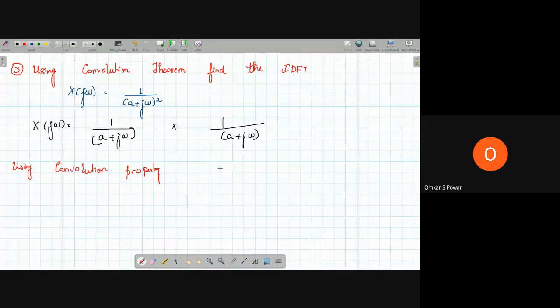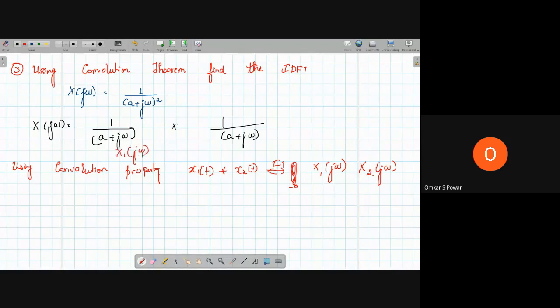The convolution property states that x1 of t convolved with x2 of t gives an integral. Convolution in time domain is nothing but multiplication in the frequency domain, so it is x of j omega equals x1 of j omega into x2 of j omega.